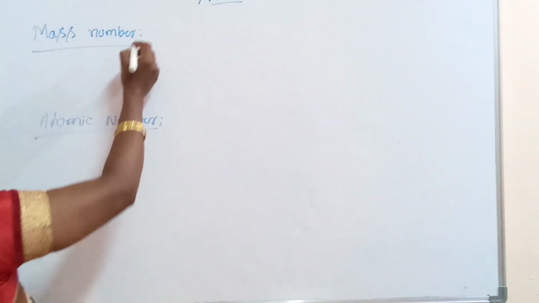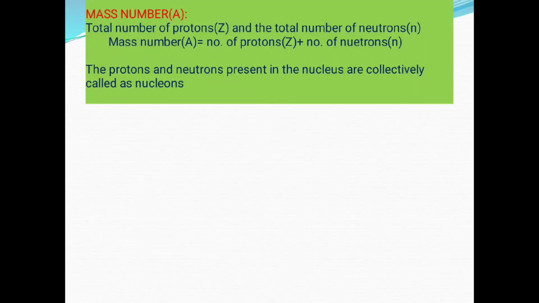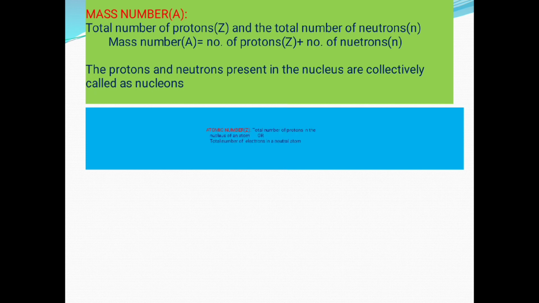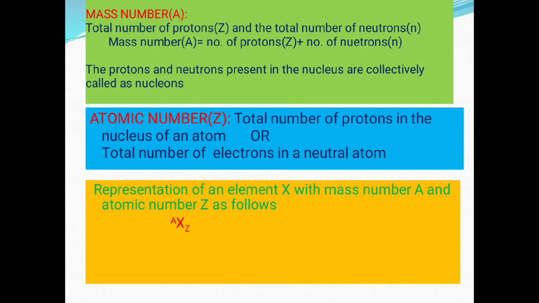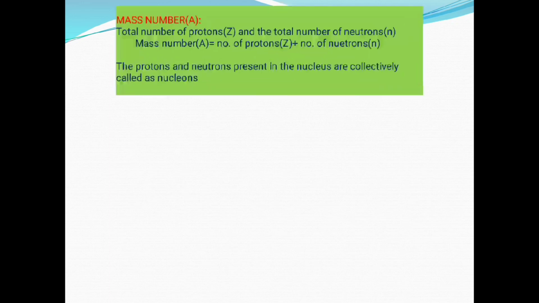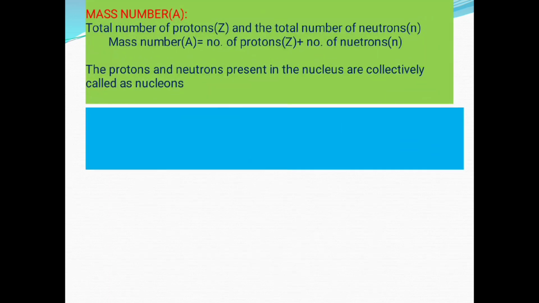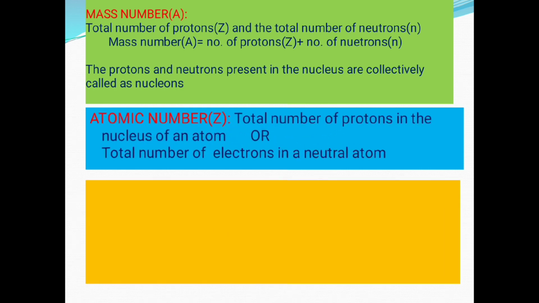From the above atomic models, we came to know that equal numbers of positive and negative charges are present. Both protons and neutrons are present in the nucleus.